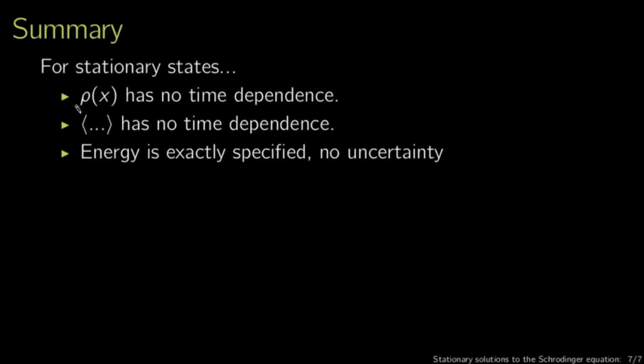And the energy is specified exactly by that separation constant E in, for instance, the time-independent Schrödinger equation h hat x equals E x. This is our energy. That's nice, it has some physical significance. But there's not going to be any uncertainty in energy. These states have defined energy and it's exact, which means if we measured the energy of the system, we would always get the same thing.